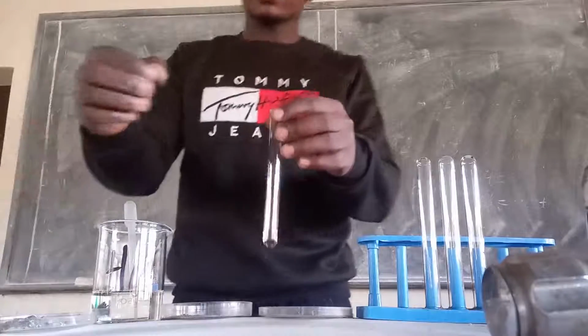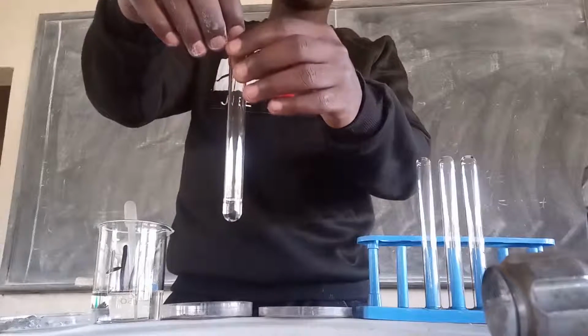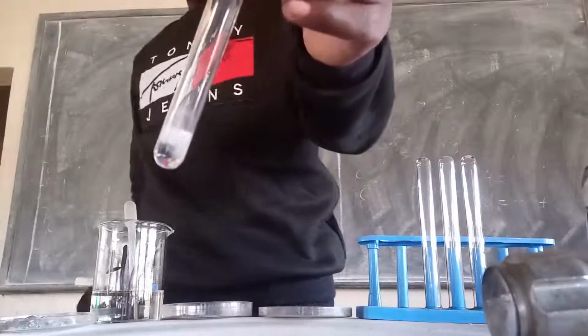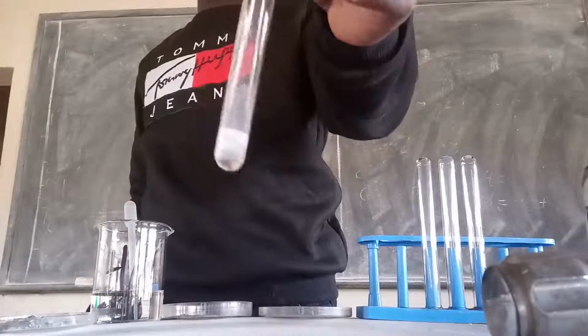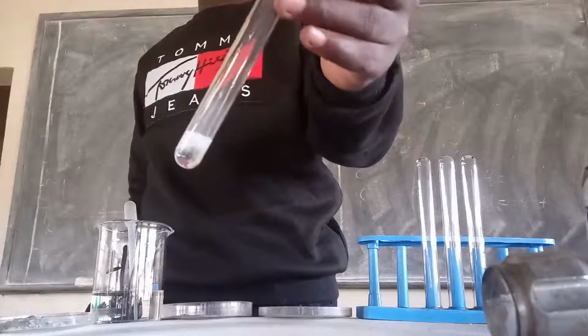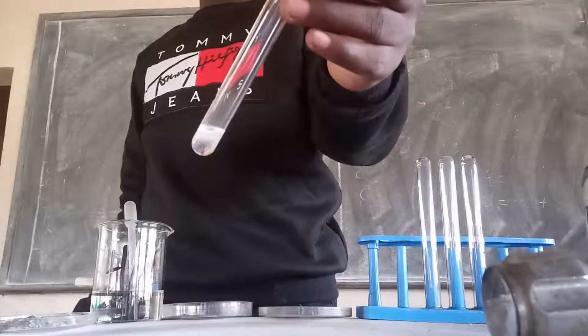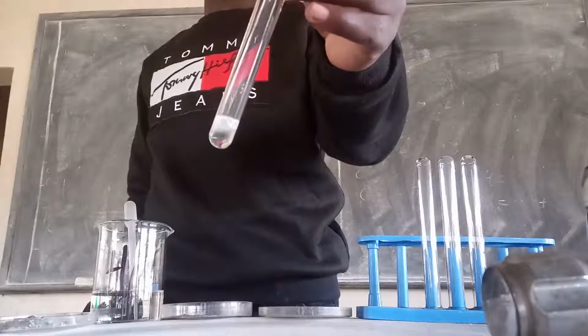Then I'll add a small portion of magnesium into the test tube. So this is the reaction. When any metal reacts with an acid, the products that are produced are salt plus hydrogen gas.